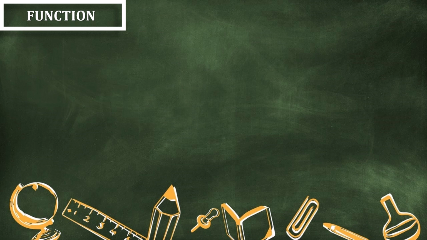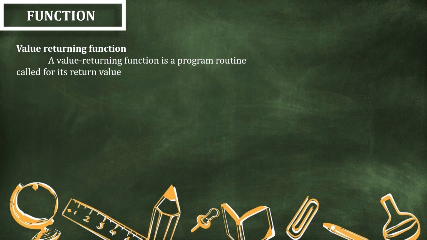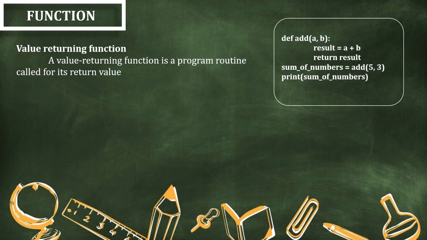Now moving on to the next slide, we have the value returning function. So what is a value returning function? A value returning function is a program routine that can be called for its return value. As I have already told you, a value returning function should have the keyword return associated with it.